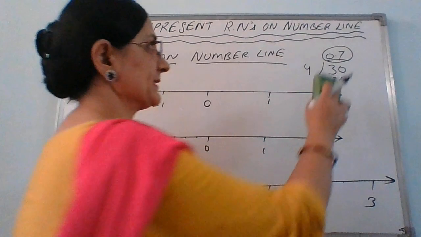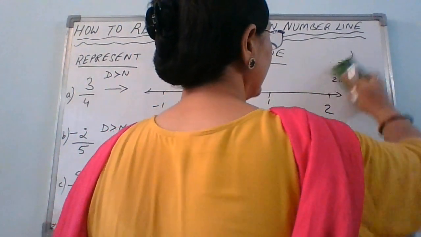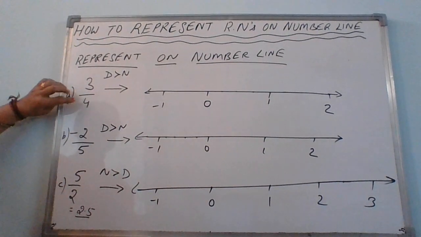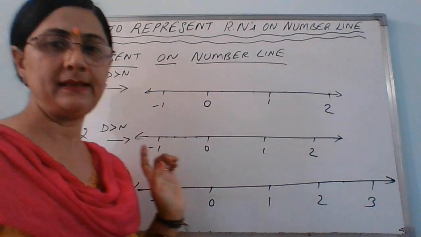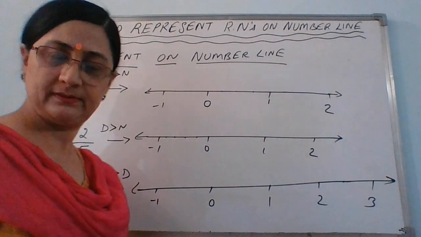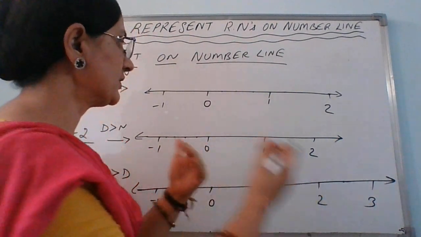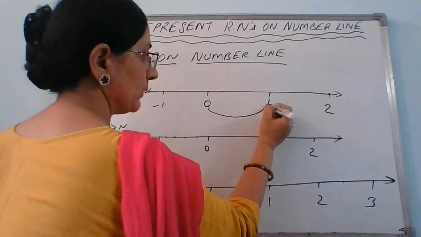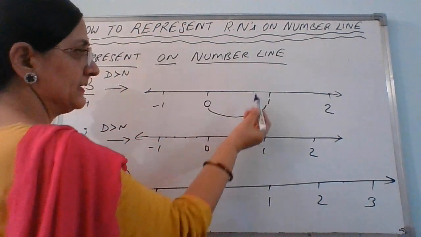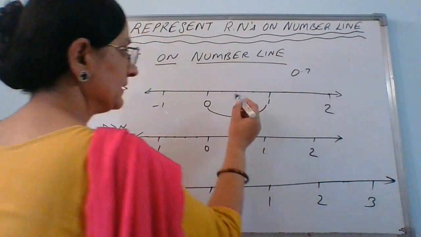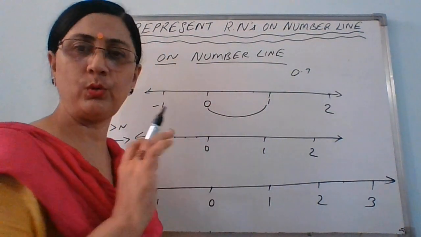That should be clear in your mind: when the numerator is smaller than the denominator, the answer comes in decimals, 0 point something. So it should lie between 0 and 1, because the answer is 0 point something, not greater than 1. It's not 1 point something, like 1.7. So it will definitely lie between 0 and 1.